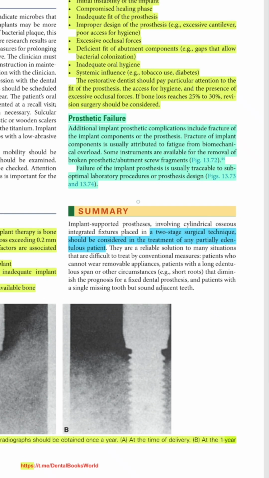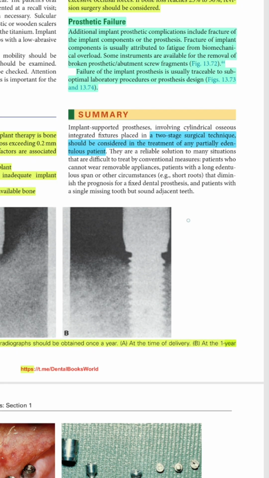The writer prefers the two-stage surgical technique, and it is the first considered treatment for any partially edentulous patient.